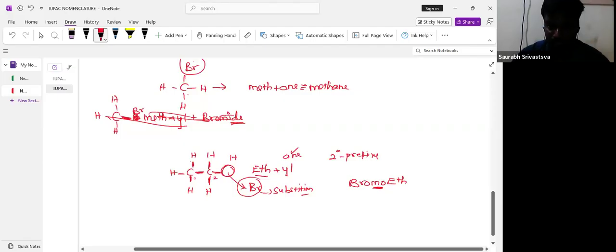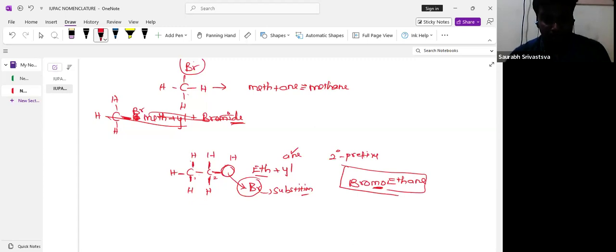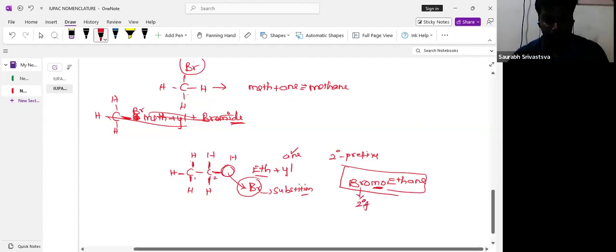So eth ANE, bromoethane, the name is over. Here the secondary suffix is not there, and the primary prefix is not there. We have only this secondary prefix, and this one is the root word, and this one is the primary suffix.